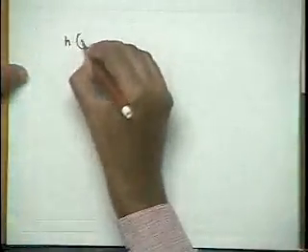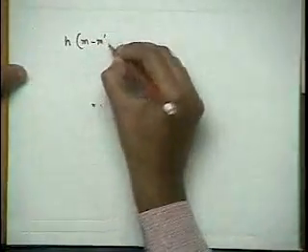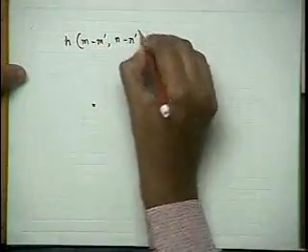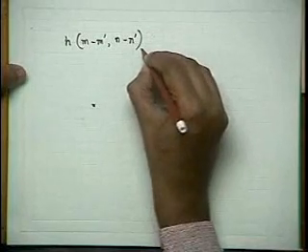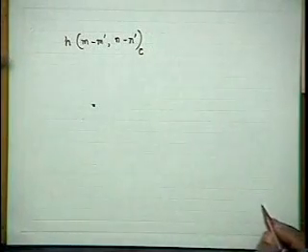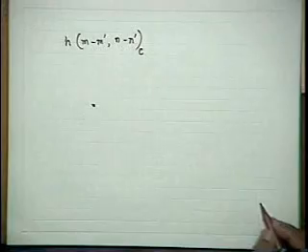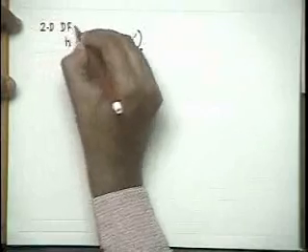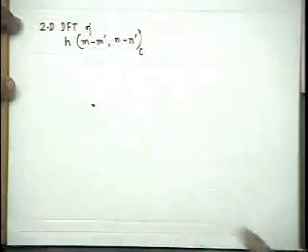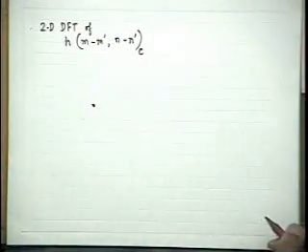So we are choosing the function h of m minus m prime, n minus n prime, and we are indicating this with the suffix c, where the suffix c simply stands for a circularly defined function. Then now let us take a 2D discrete Fourier transform of this function.